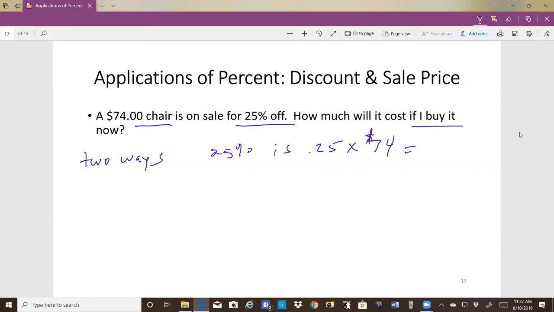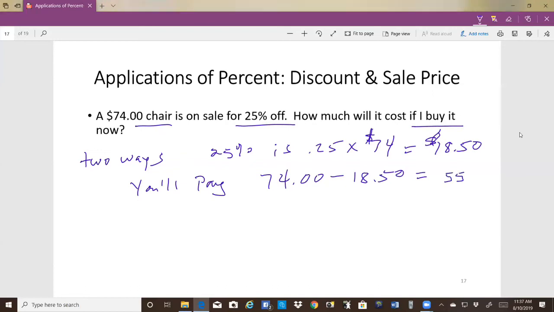So the amount that you would save would be $18.50. So you'll pay $74, which is the list price, minus $18.50, and the chair will cost you $55.50.